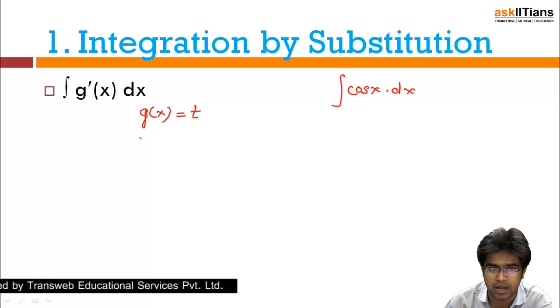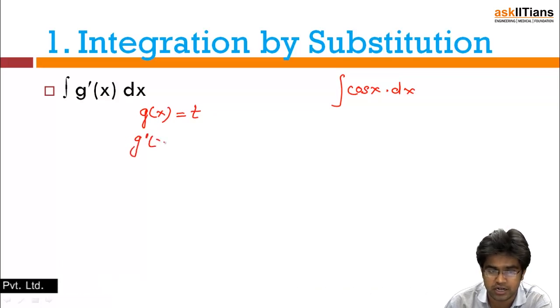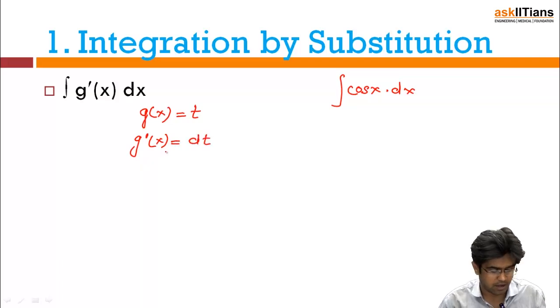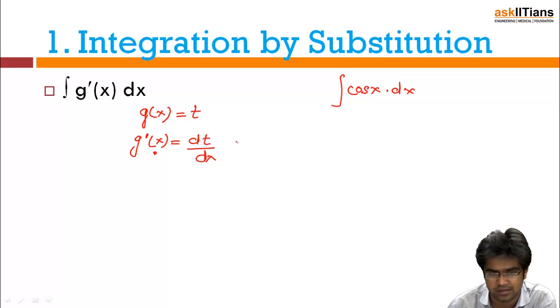What will happen is that if I differentiate both sides, I am going to get g dash x equals dt. And if I am differentiating, then there has to be a dx here. It's dt by dx because I am differentiating with respect to x. That means dt becomes g dash x dot dx.